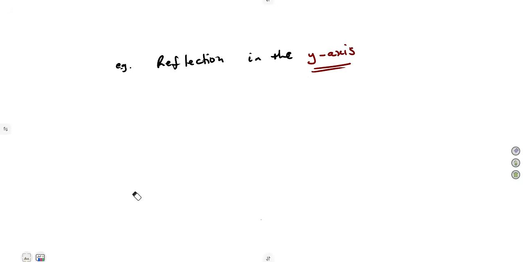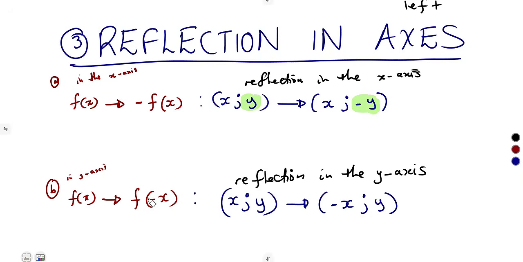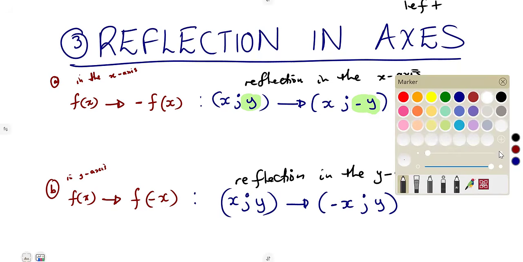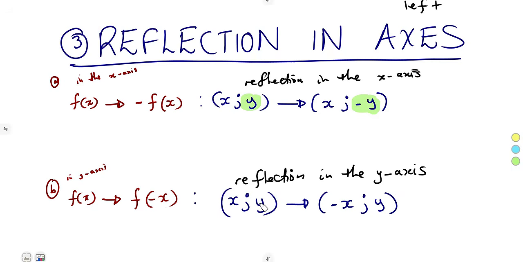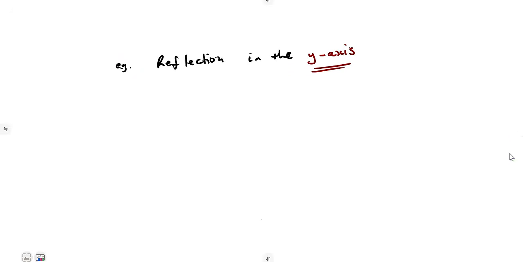Given a function f of x, it is going to be given as f of minus x. As for the points, the x value this time is what is affected. We are going to have our x value affected, x to minus x. That is the condition when we are having the y-axis.